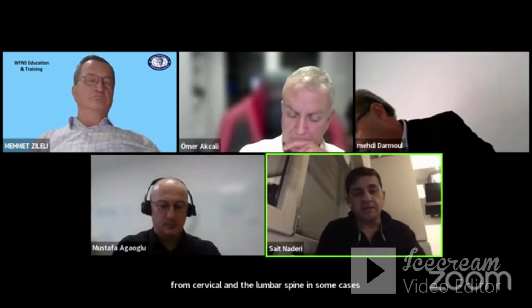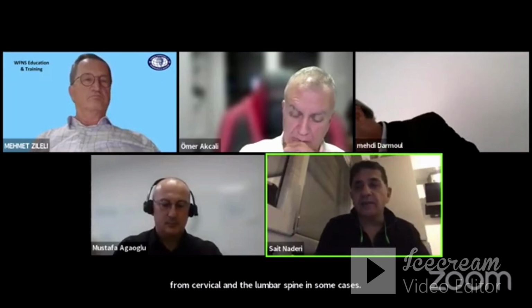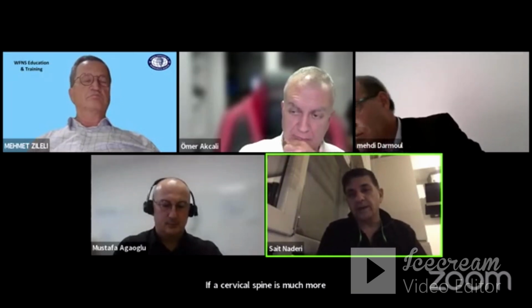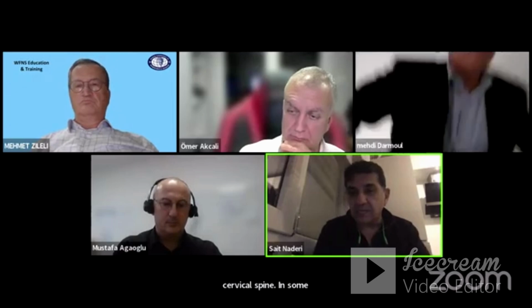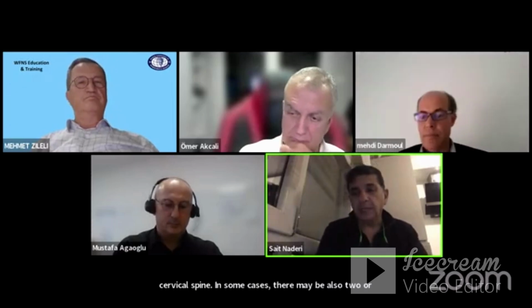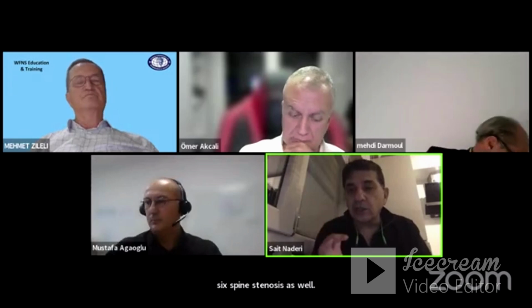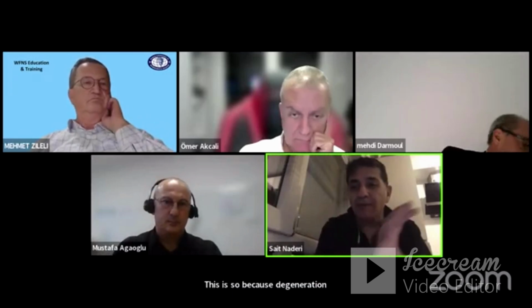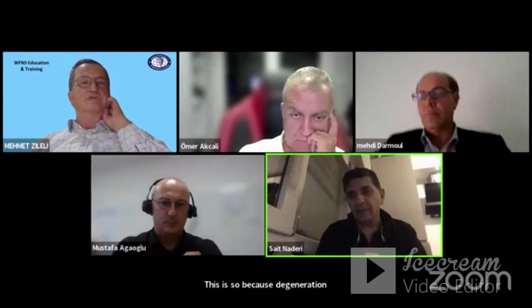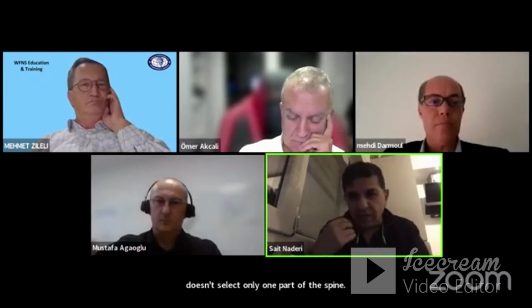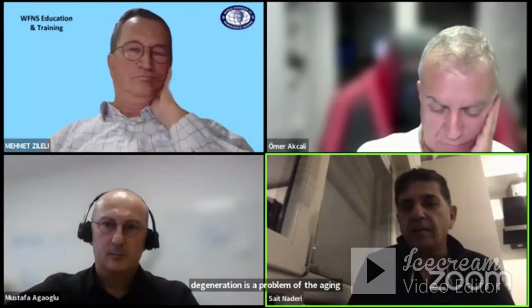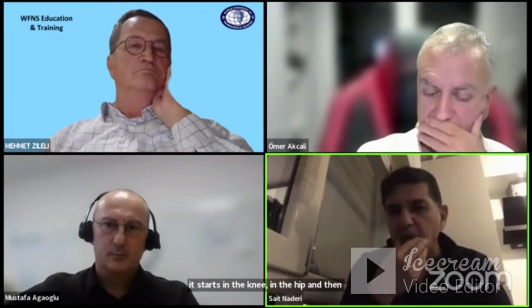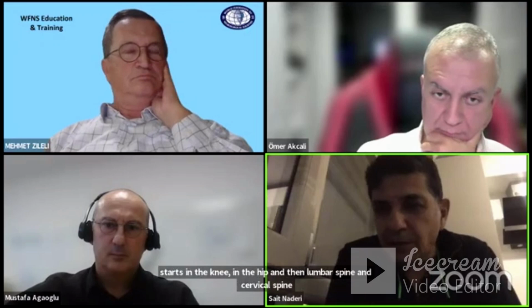If the cervical spine is much more severe, we need to operate on the cervical spine first. In some cases, there may also be thoracic spine stenosis. This is so because degeneration doesn't select only one part of the spine. Degeneration is a problem of aging. It starts in the knee, in the hip, and then the lumbar spine and cervical spine. All the body can experience this problem.